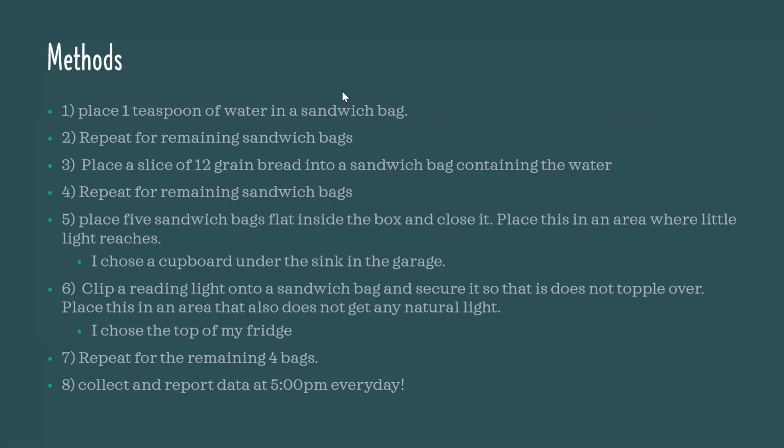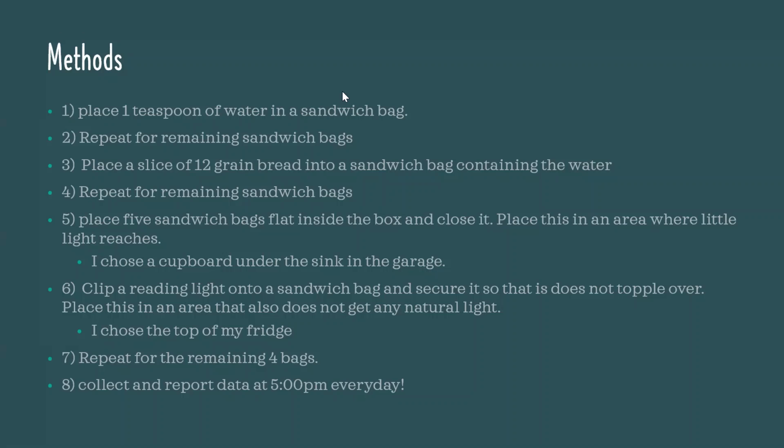And then for the location where I wanted to put the artificial light was on top of my fridge. Now, at that height, there are windows, and at a certain point, the windows can get light, but just because it's so high off the ground, there was no way for any artificial light to reach. And even if it did, there were enough things on top of the fridge to block any sort of natural light.